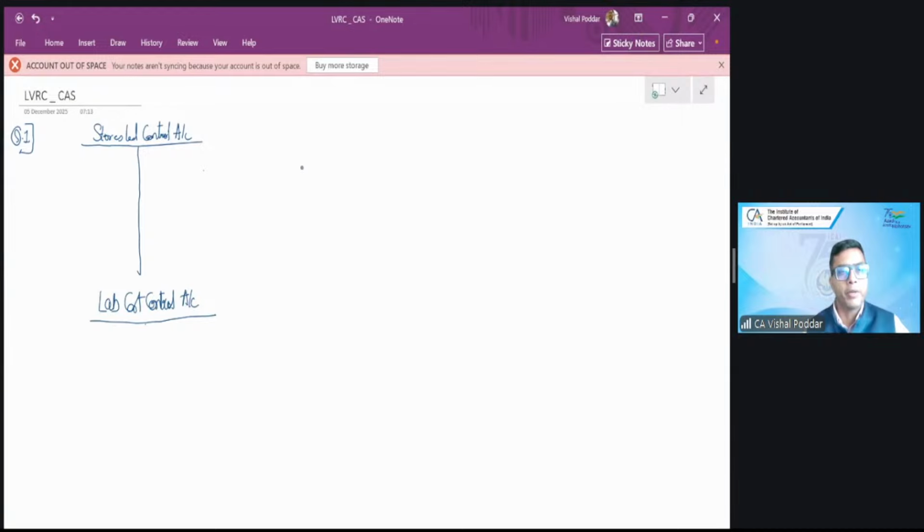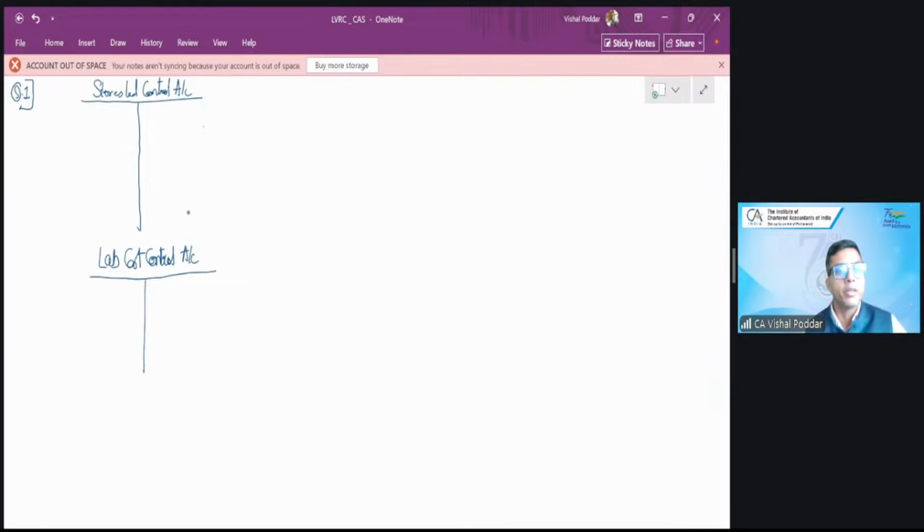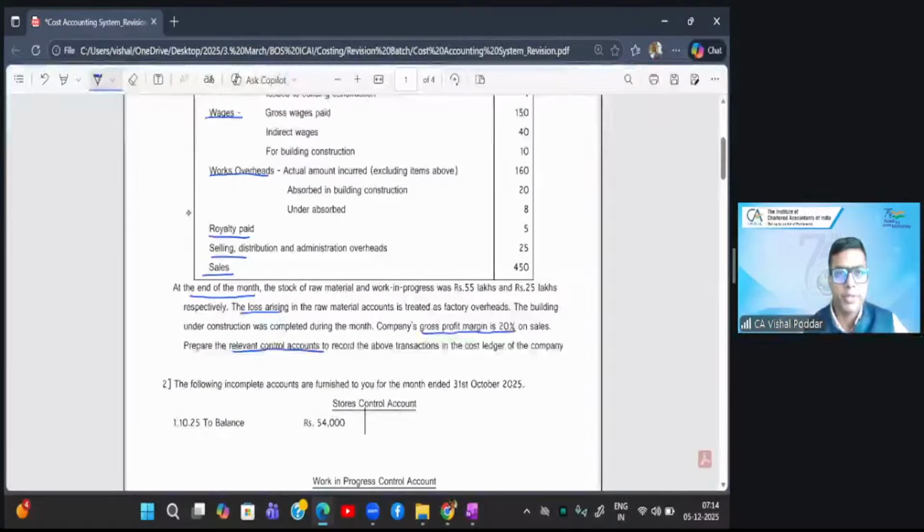You should prepare the accounts in this sequence only, preferably, so that it helps you in passing of the entry smoothly. So first we have the material account, then the labor account, and then the overheads account. Now here in the sum for overheads, they have used the word works overheads. I'll also use the same word. And for selling, distribution, administration, they have made a combined account, so we'll do the same.